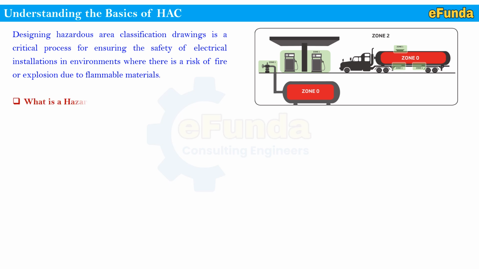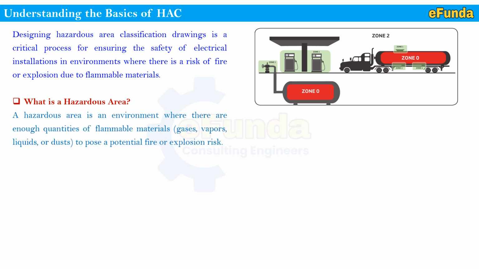What is a hazardous area? A hazardous area is an environment where there are enough quantities of a flammable material such as gases, vapors, liquid or dust to pose a potential fire or explosion risk. These areas can exist in various industries such as oil, gas, chemical processing, pharmaceutical and food manufacturing units, which we have seen in one of the figures of the petrol pump example.